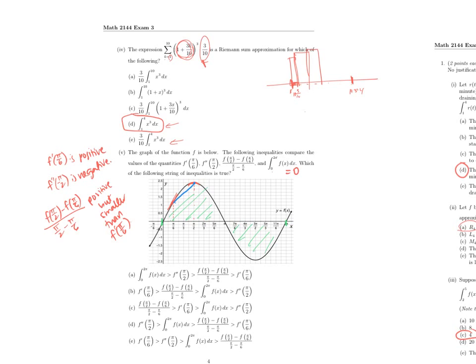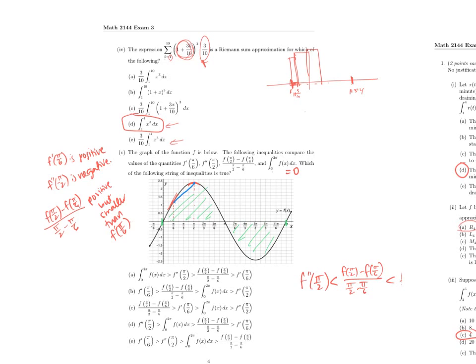Okay, so let's order them then. I want to do the negative one first, which is f double prime of pi over 2. Then the smaller of the two positive ones, f of pi over 2 minus f of pi over 6 over pi over 2 minus pi over 6, and then the next positive one, f prime of pi over 6. Oh wait, I want to do the 0 one.